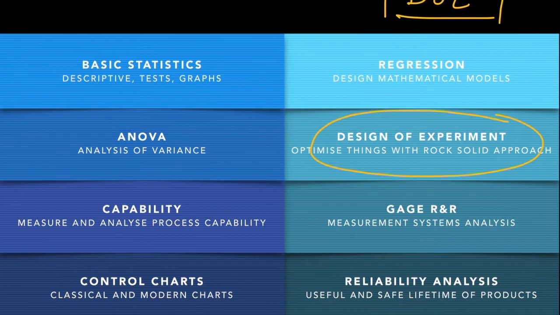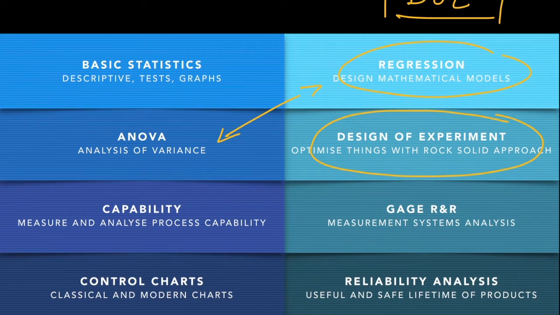Design of experiments is really, really what you must have in your company, because design of experiments is a set of very strong and powerful mathematical methods that will get the best from regressions and analysis of variance, and will let you run only the number of experiments that are really required in order to get a strong mathematical model of your system. So design of experiment is really a must-have in every manufacturing company.